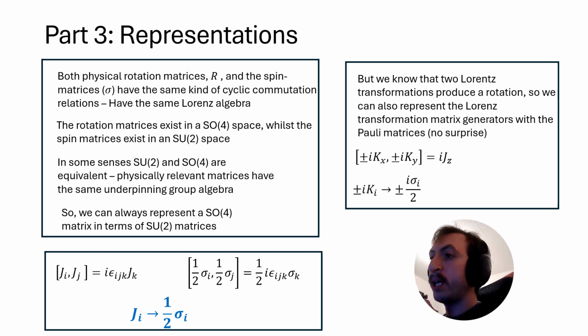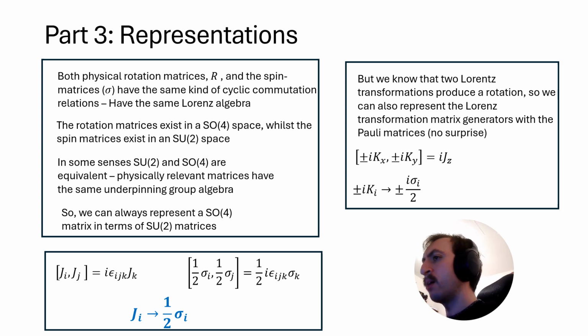If we compare it to the relationship we have for our Pauli matrices, we can see that we can get back to the commutation relationship for the Pauli matrices by replacing ik with i sigma over 2, and also replacing your Euclidean rotation generator J with your relevant Pauli matrix.